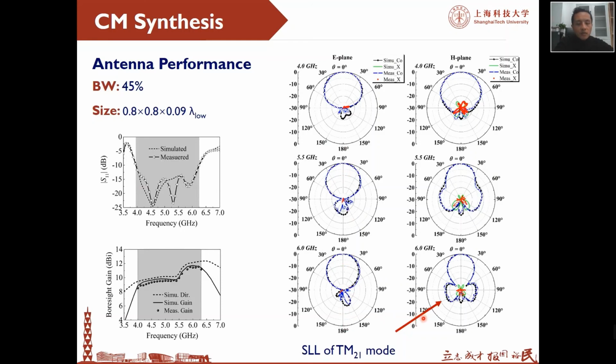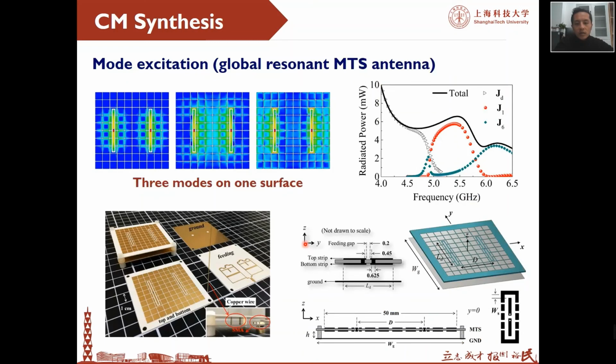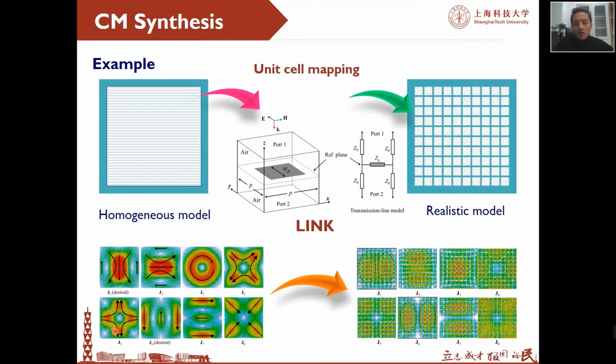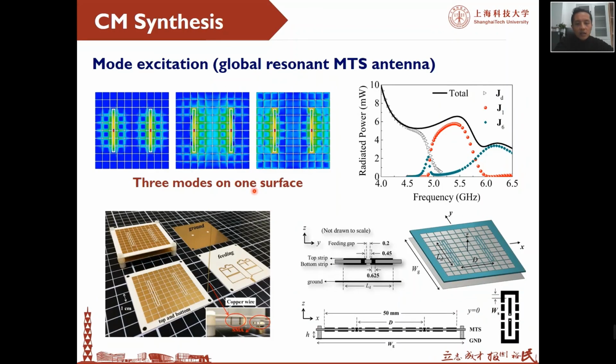To note that there is a side lobe for the high frequency, which is actually a TM21 mode, and there are more E field and H field plotted for this current and for all of these modes, so that we know that the first mode is the dipole mode, the second mode is the TM10 mode, and the third one is the TM21 mode.